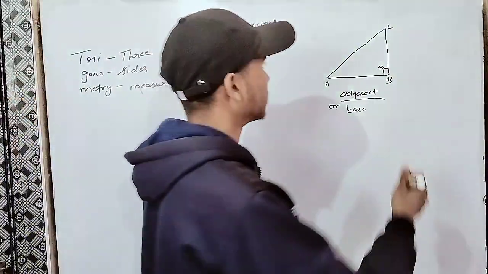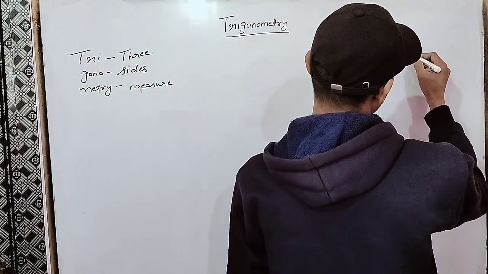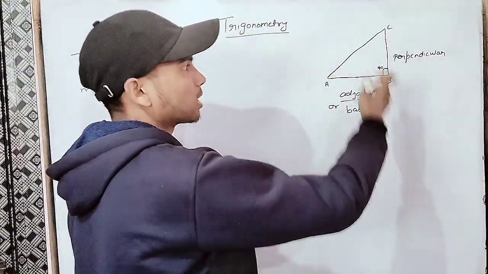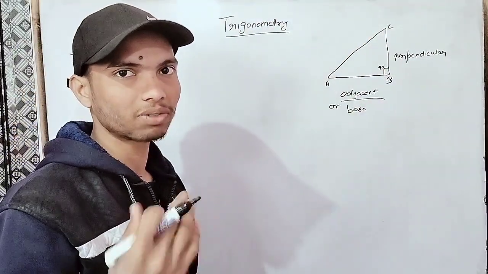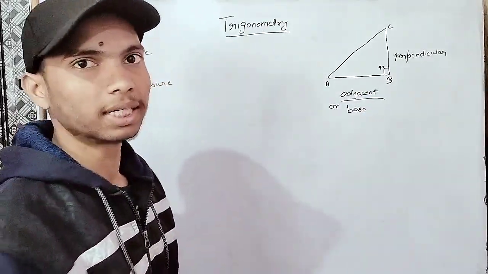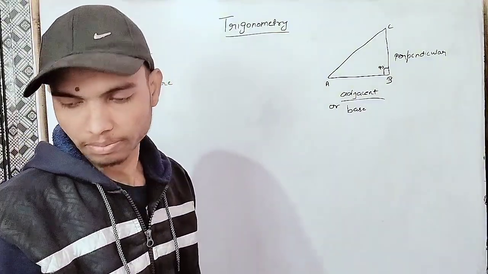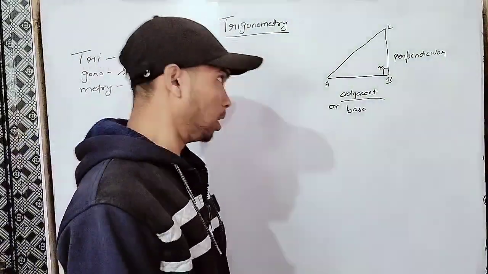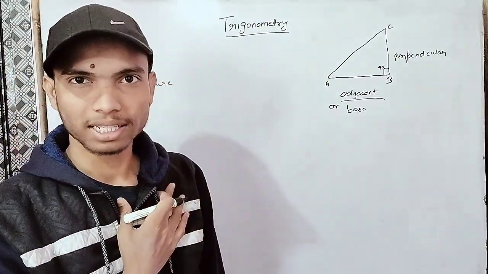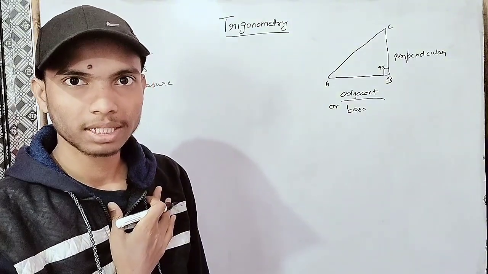Perpendicular, because this is straight. That's why we are naming it perpendicular. Now it's time for AC. What is the name of AC? This is a slope, not a straight line.